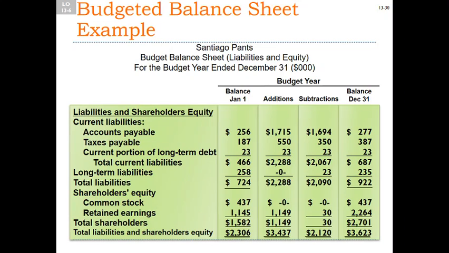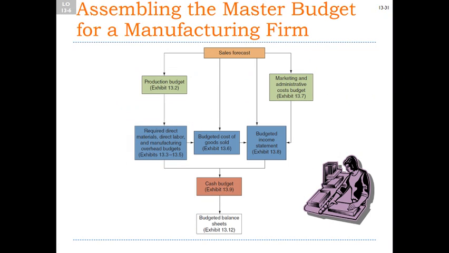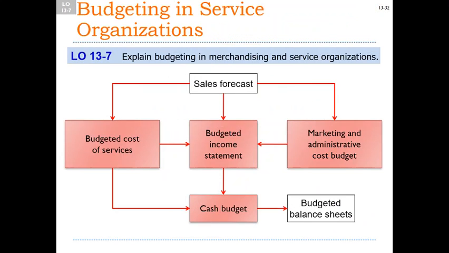So anyway, bottom line is these numbers are either in a budget or easily determinable from other areas of the company. All right, so that would be the last thing that you do unless you do a budgeted statement of cash flows, which you certainly could do.